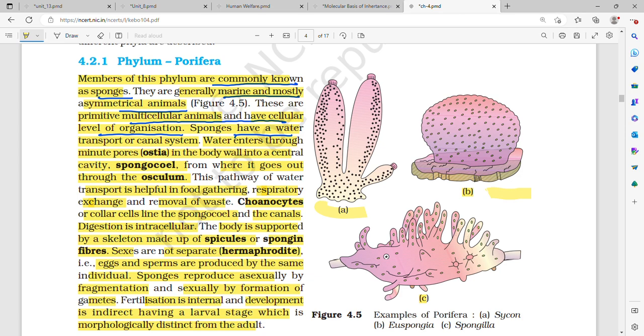So they are pore bearers. They are all marine except for Spongilla, which is a freshwater sponge. They have a water canal system or water transport system.